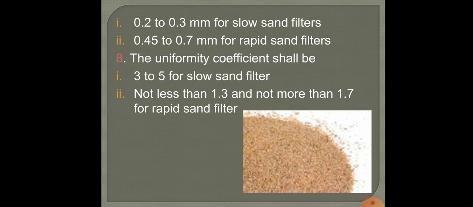It is defined as the ratio between the sieve size that will pass 60% by weight to the effective size. You would have calculated the uniformity coefficient in the laboratory; you would have done that experiment, I suppose. In this case, the uniformity coefficient should be 3 to 5 for slow sand filter, and it should not be less than 1.3 or more than 1.7 for rapid sand filter.